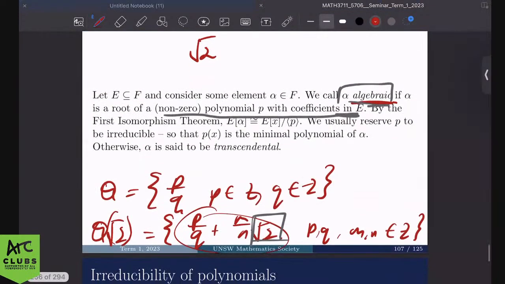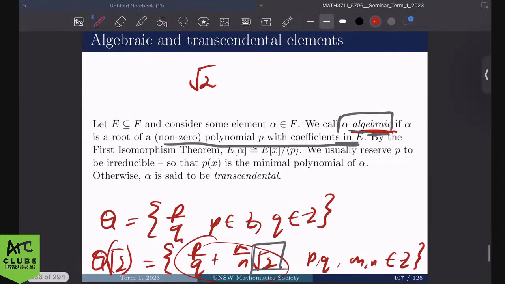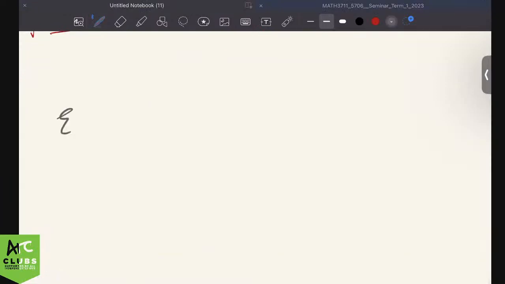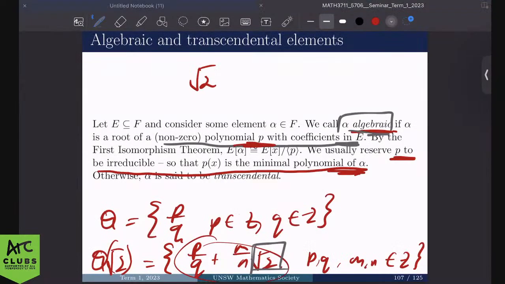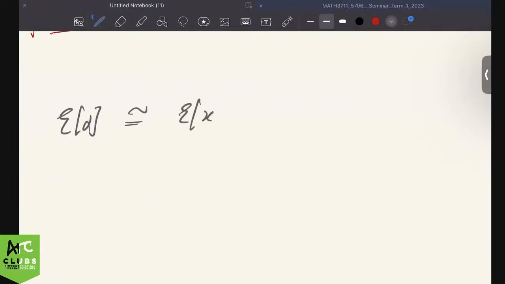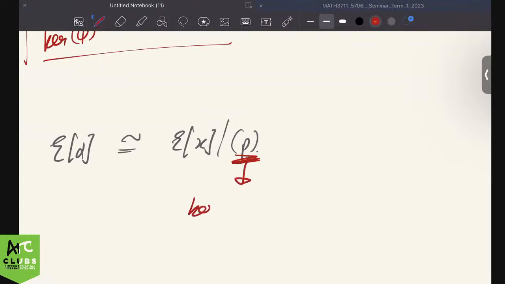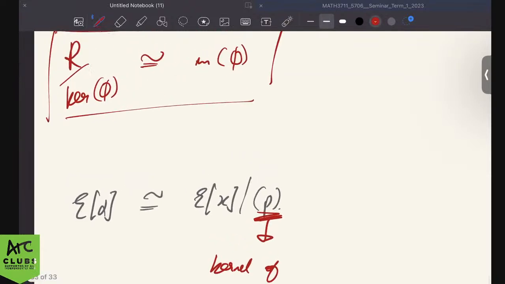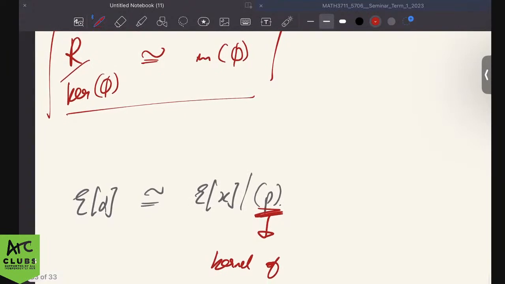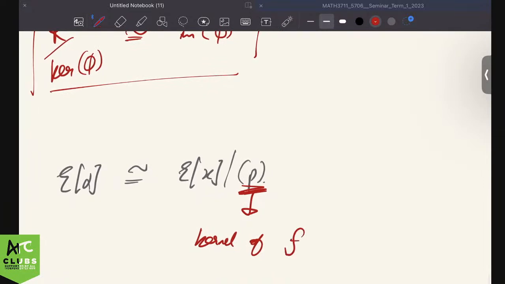Basically what we've done is, if you've got a non-zero polynomial P, and P is irreducible, which means it's the smallest possible polynomial containing alpha, then E of alpha is isomorphic to E of x quotiented over P. This is the kernel of the evaluation map, which maps a function to its value at alpha.